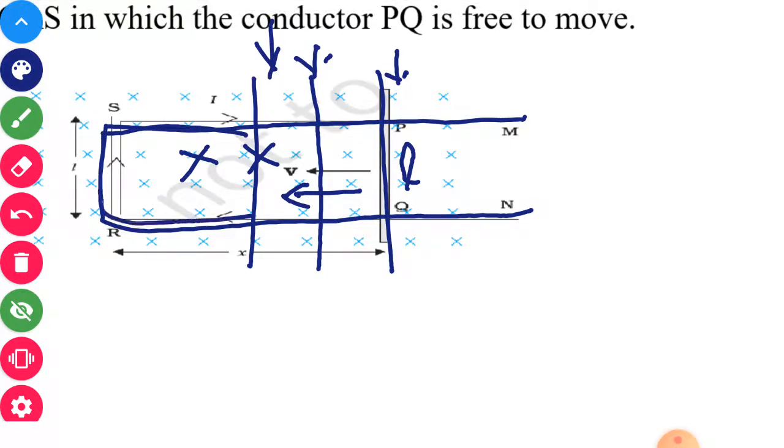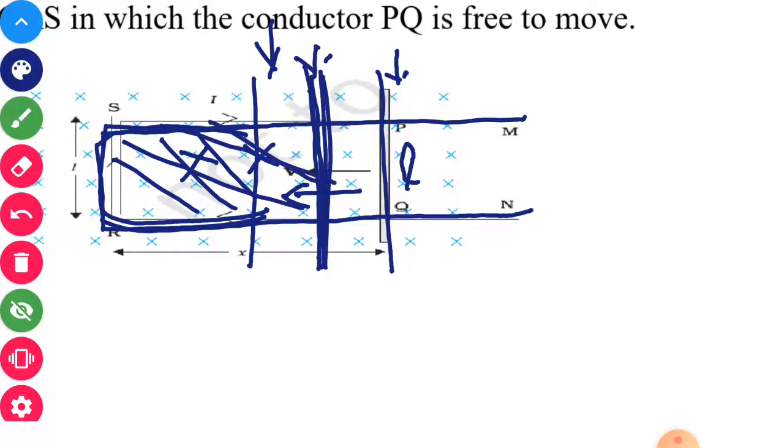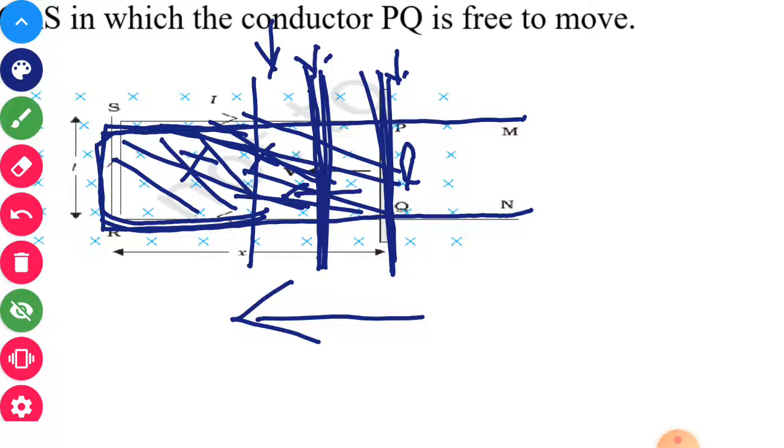If it is here, the field lines are more. If it is here, again more field lines are there. But when it moves towards the left hand side, then the number of field lines gradually decreases.